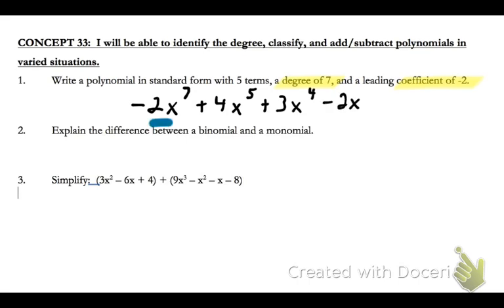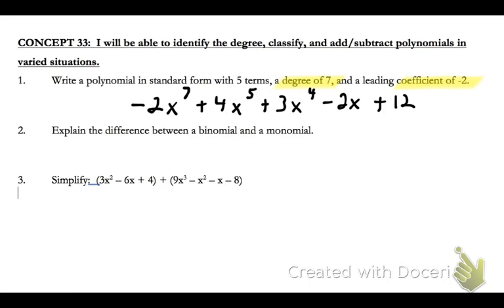So far that gives us 1, 2, 3, 4 terms, and we can finish it up with plus 12. So we have 5 terms, we have a degree of 7, and a leading coefficient of -2. Again, degree of 7 because the highest exponent is 7.